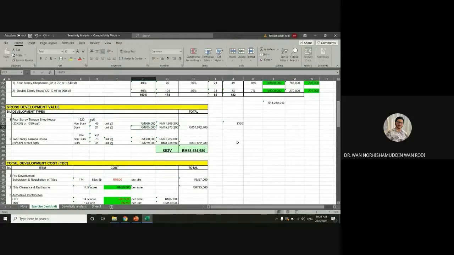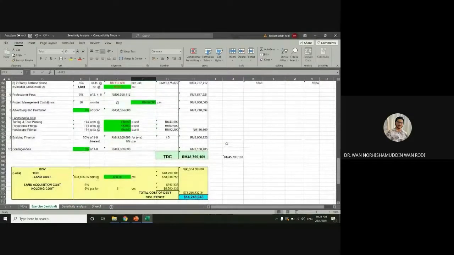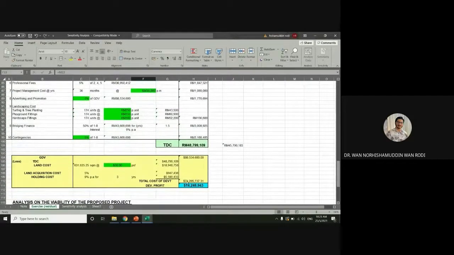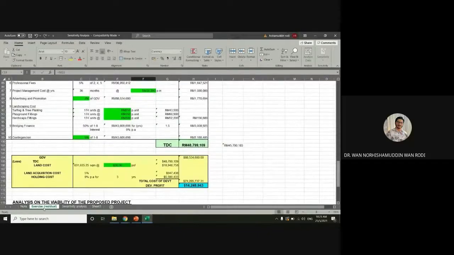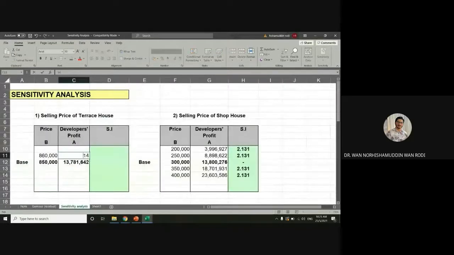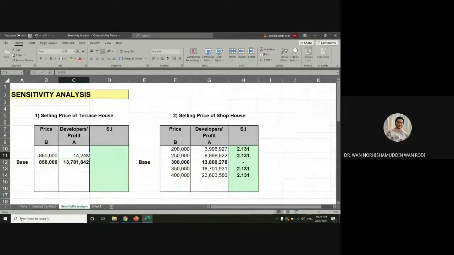You click enter, and our developer's profit will increase to 14.2 million. Take this figure, 14,248,943.